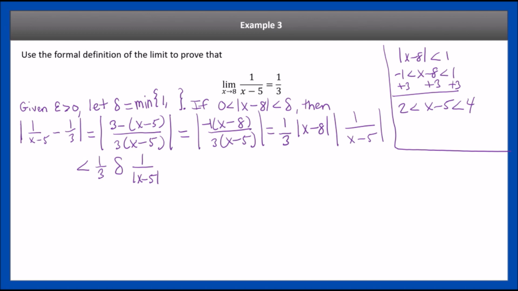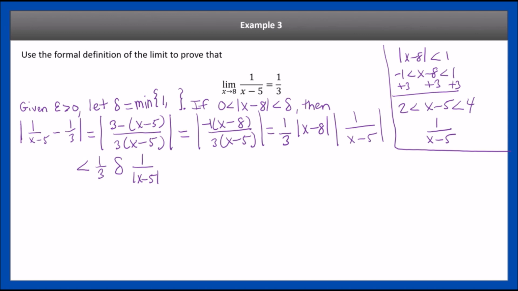We don't want to get ahead of ourselves and start plugging it in right away, because this is 1 over x minus 5. So we want to do the reciprocal of this inequality first before we plug in, all right? So we're going to do the reciprocal of all the sides. But if I do 1 over x minus 5, that's going to flip the inequality, right?